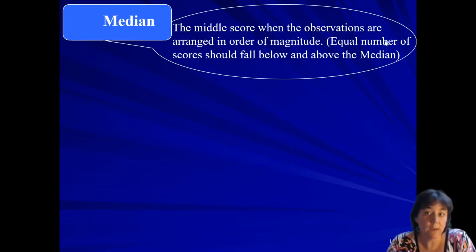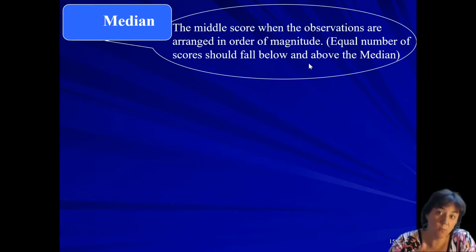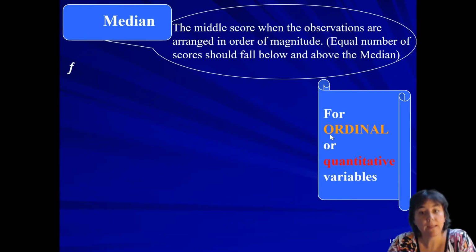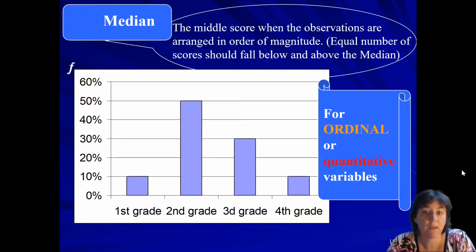Otherwise, an equal number of scores should fall below and above the median. This measure can be calculated only for ordinal and quantitative variables. Ordinal because they have to be ranked, right? So nominal values don't have a chance here.